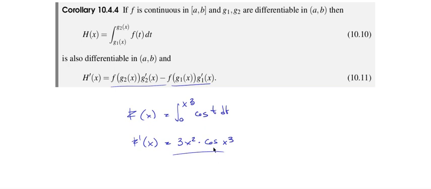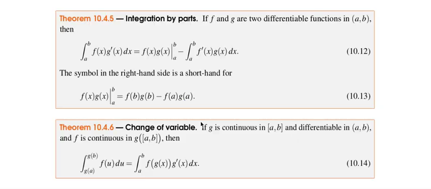Okay. Now with Barrow's rule, we can apply the results that we obtained in last video, so in last unit for obtaining primitives, to obtain integrals by doing integration by parts and doing change of variable.